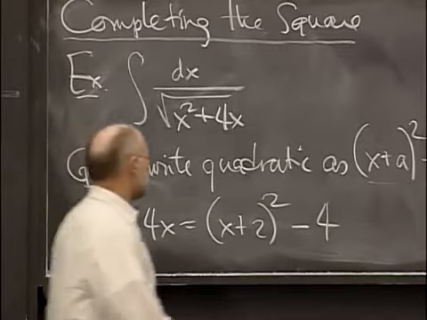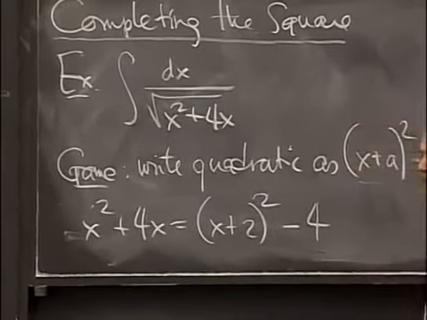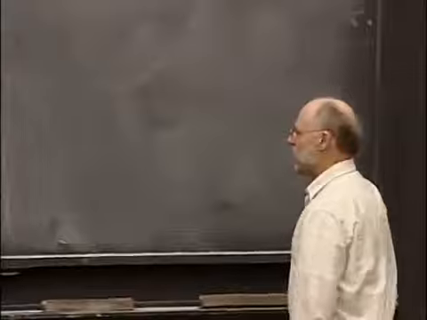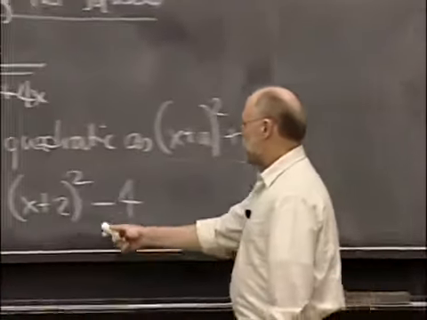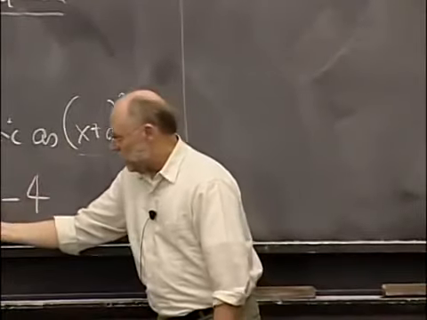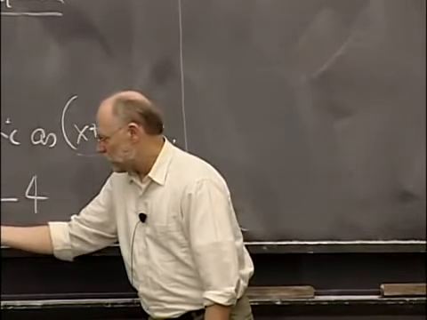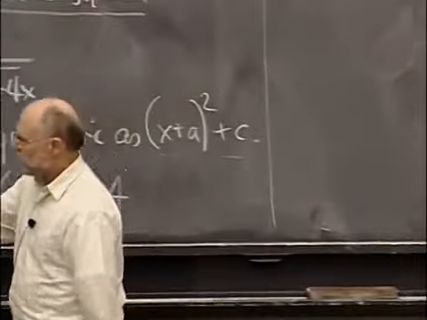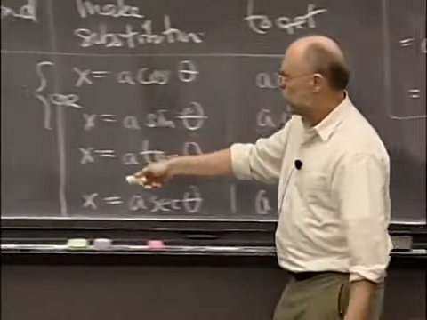And we can use that process to compute this integral. So let's do that. So I can rewrite this denominator like this, and then I'm going to try to use one of these forms over here.